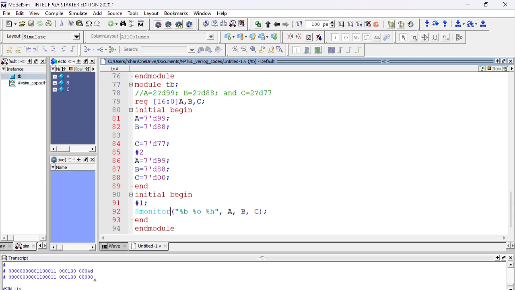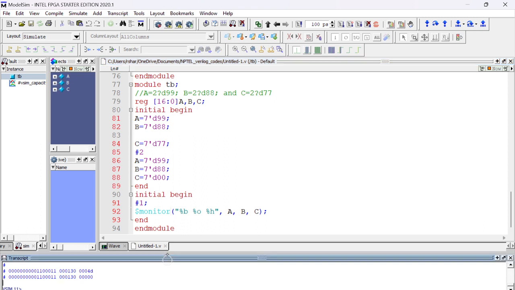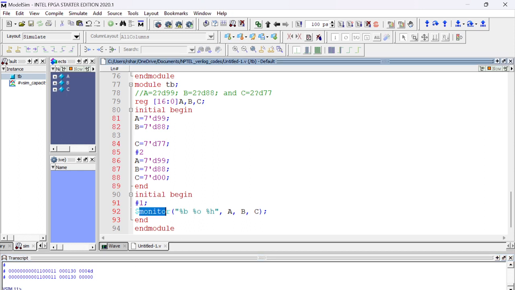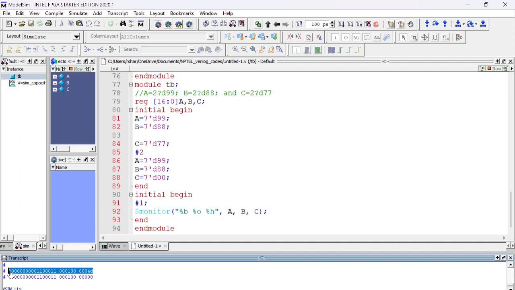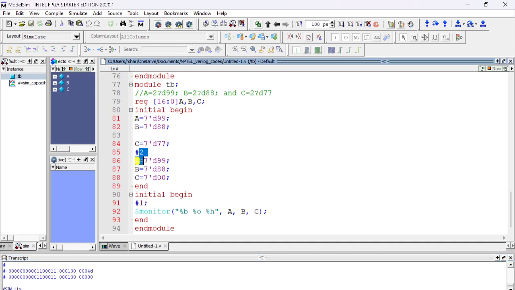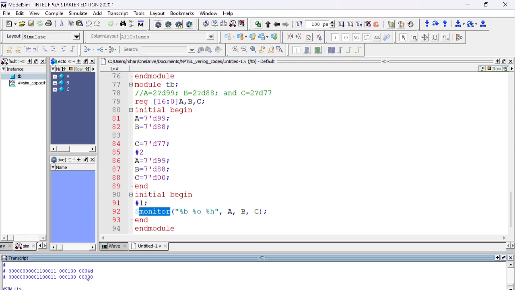When I use monitor, both the values are displayed. My screen is visible, right? That simulator window. Yes, ma'am. You can see when I used $display, only this line was visible, but I have given a change after 2 units of time. I have changed the D to 0. So when I'm using $monitor, both the changed values are displayed.